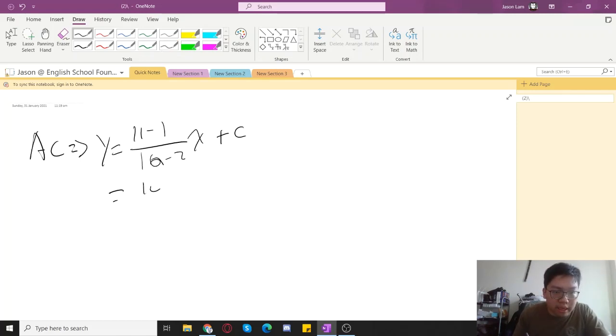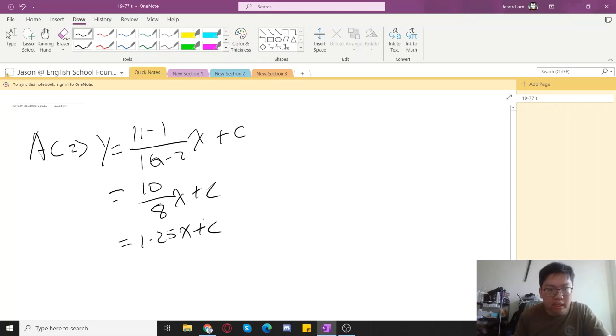So that should be 10 over 8 x plus c. No, 1.25 x plus c. Okay, so let's use a very easy point. So let's use A. So 2 equals 1.25 plus c. So c equals 0.75. Okay, so we have that.